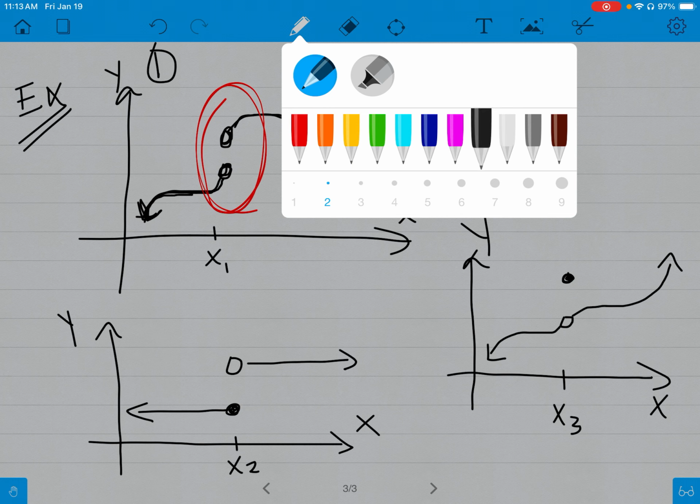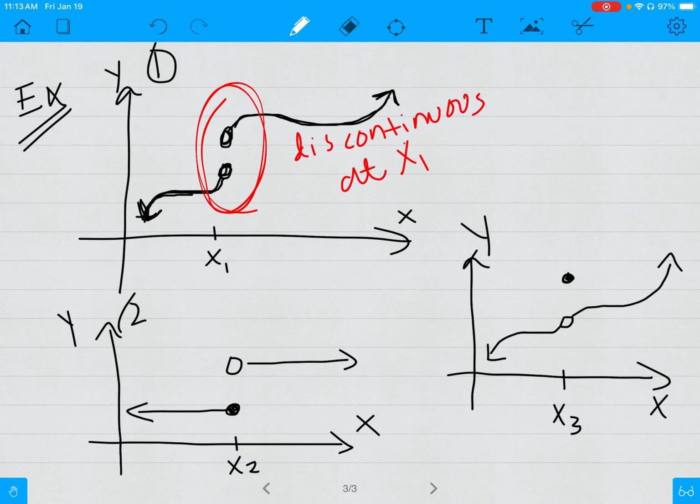If we look at our second function here, we can see we have a horizontal line, reading the graph from left to right, that goes all the way up to this x value at x2, where it has a closed circle. Then we jump up to another horizontal line that proceeds to the right above the x2, but it's got an open circle at the x2.